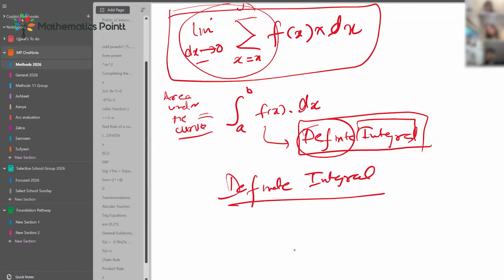Definite integration between 2 points A and B by combining the infinite rectangles' length times its width, which is the dx, the width, delta x. And now what do I get? Area under the curve.